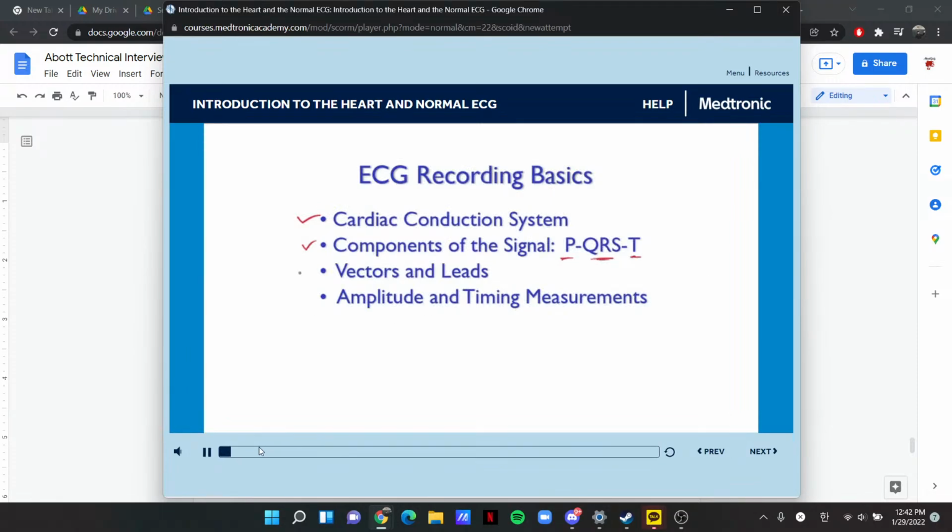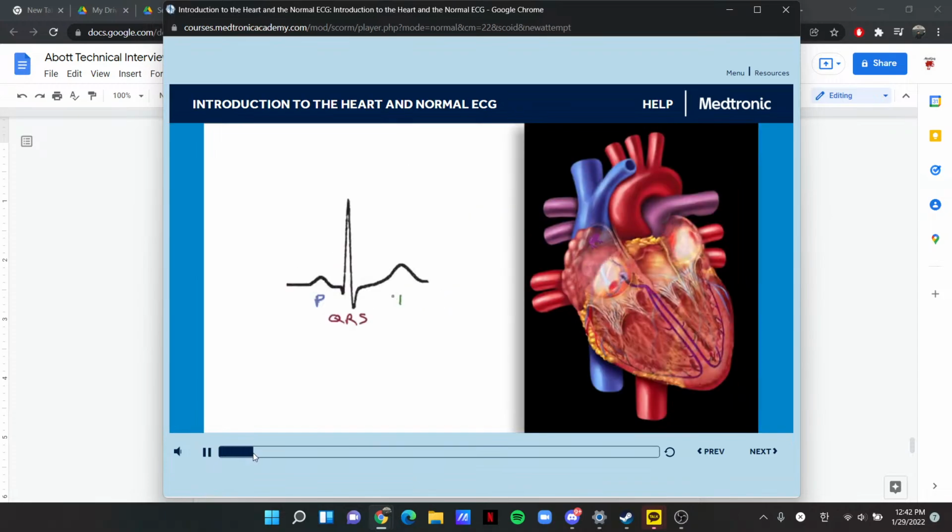We'll introduce the concept of electrical vectors and of the delay in a T-wave.